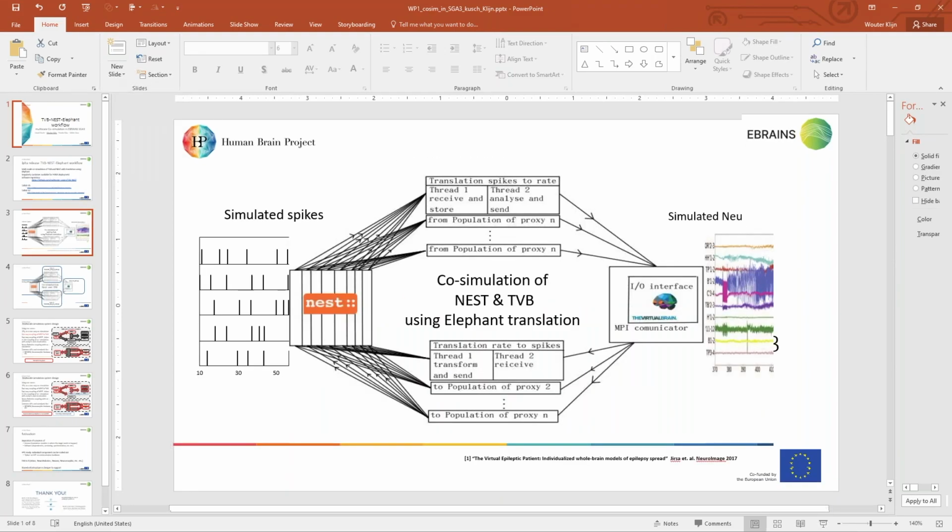This work goes a little bit back to the basic fundamental problem that co-simulation tries to solve, and that is that you have the virtual brain on the one side, which simulates neural mass models, so it's a scale that speaks in neural mass dynamics, and looking on the left, you're looking at NEST, which speaks in spikes.